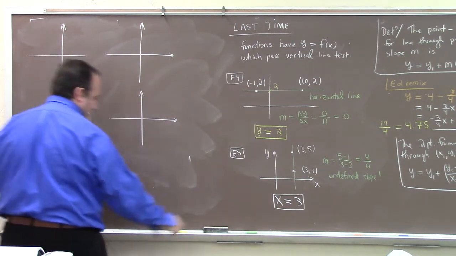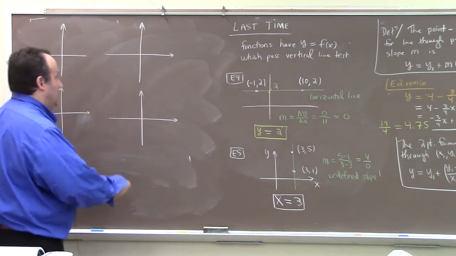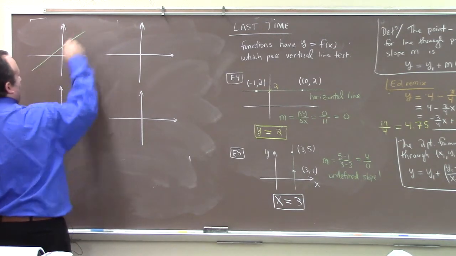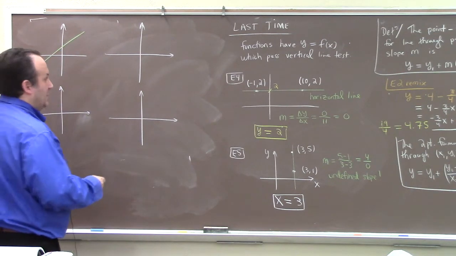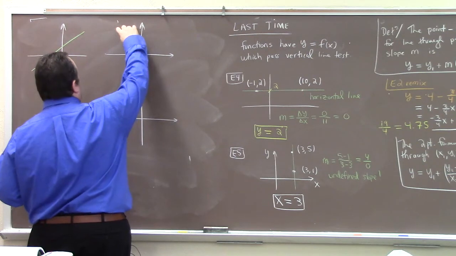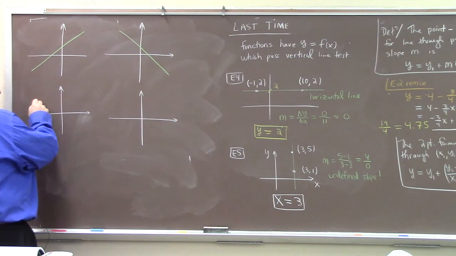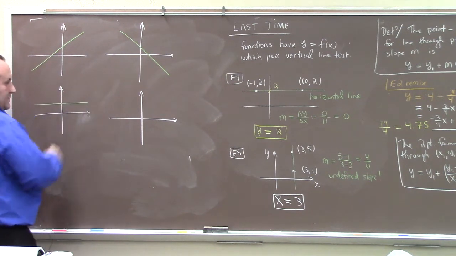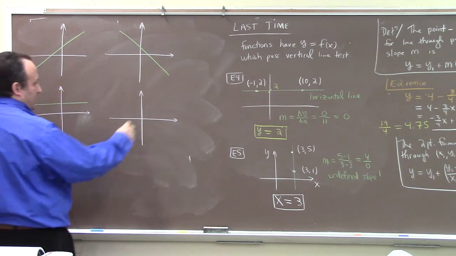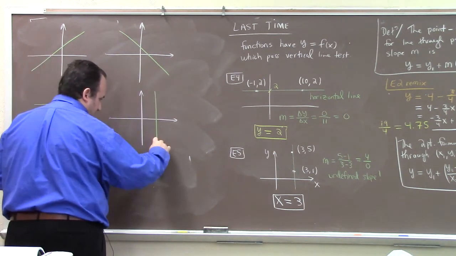All right, so we've got lines that look like this, right? We've got lines that look like that. We've got lines that look like this. And then finally, we've got lines that look like this.